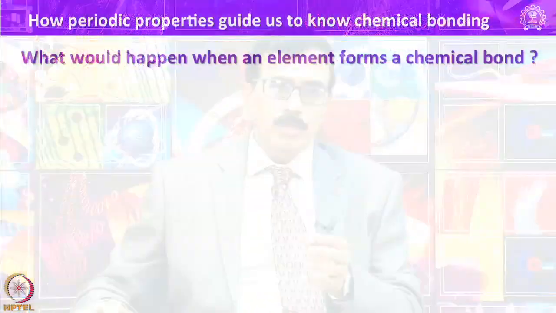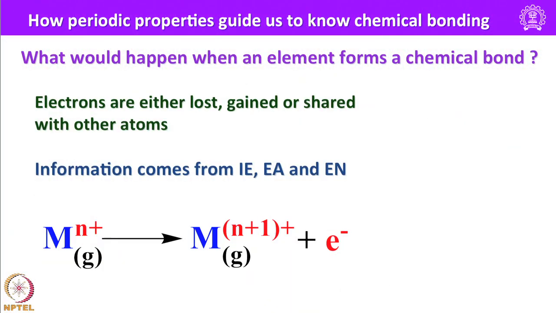Let us try to understand the relevance of some of these terms in a compound of a main group element. So, what would happen when an element forms a chemical bond? That means essentially electrons are either lost, gained, or shared with other atoms.